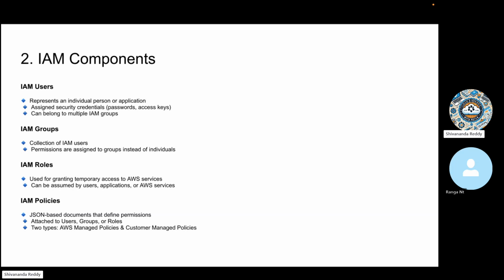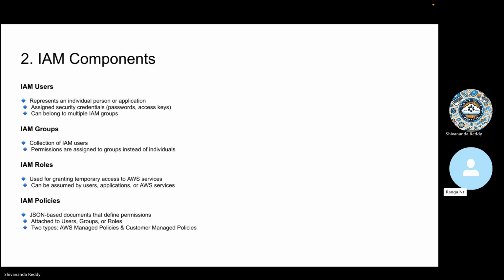I'll show that anyway. I said two types, correct? One is managed policy, another one is inline policy. Again, in managed policy, two subdivisions are there: AWS managed policy, then customer managed policy.